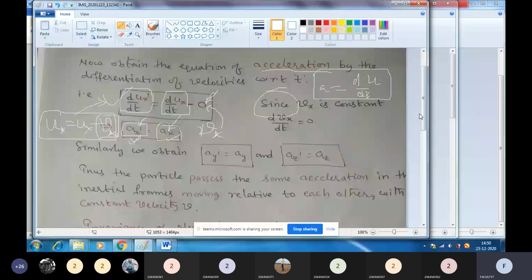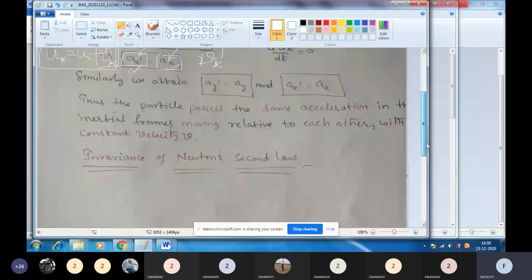We will conclude that in the next class. I will cover the small remaining part regarding the second law.